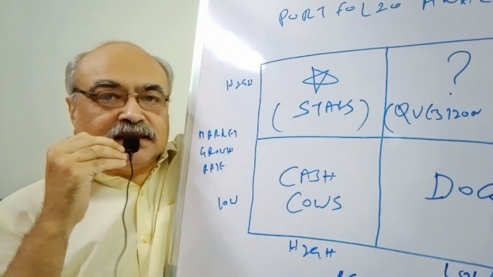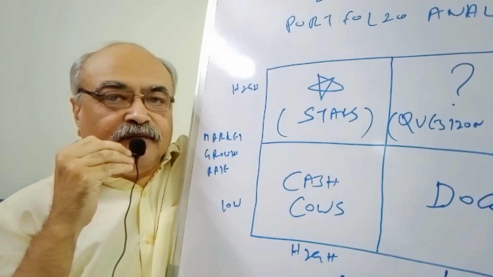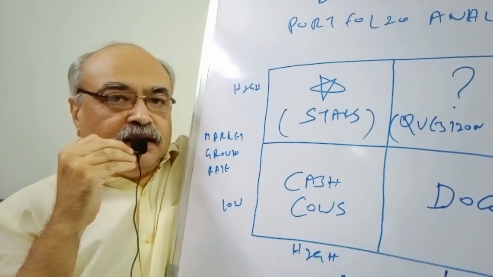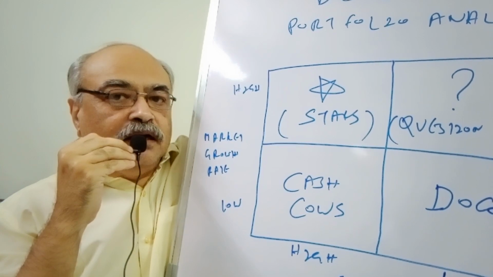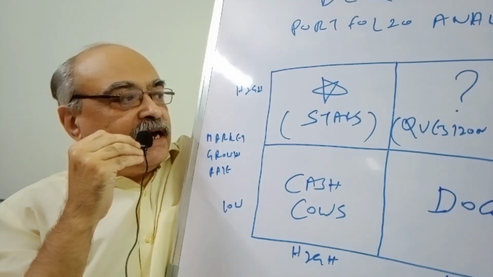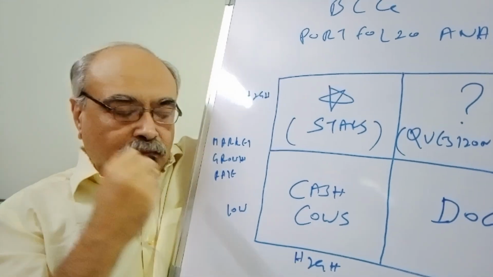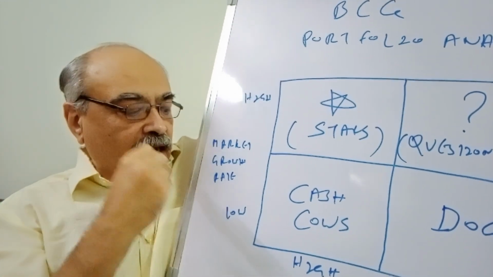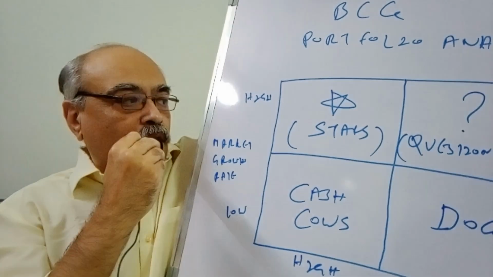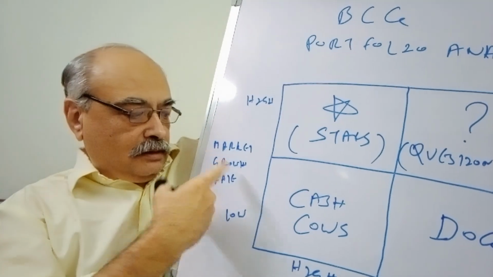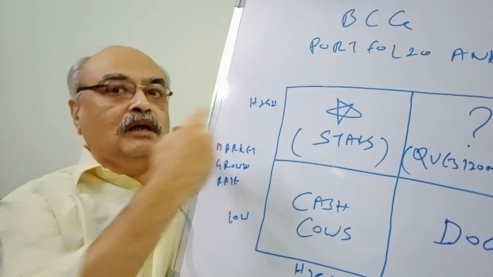The star business is a business that you have in your business portfolio in which the market share of your business is high, and the overall market growth rate for the product is also high.